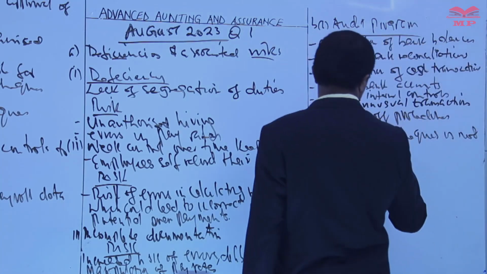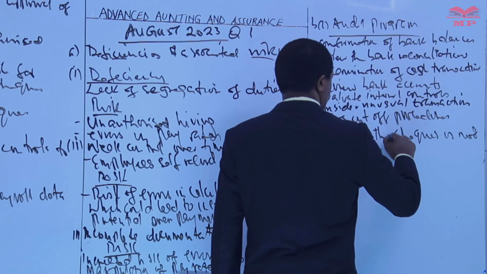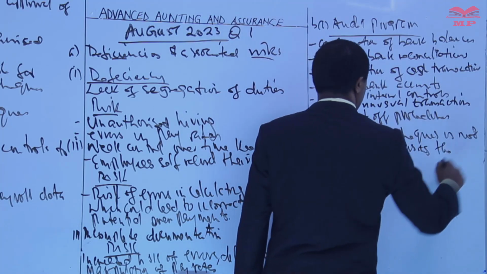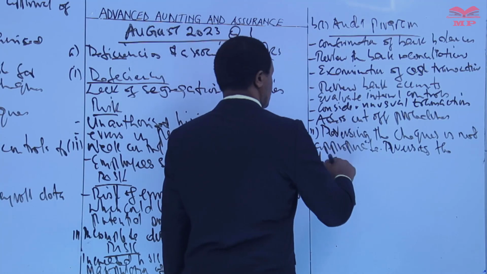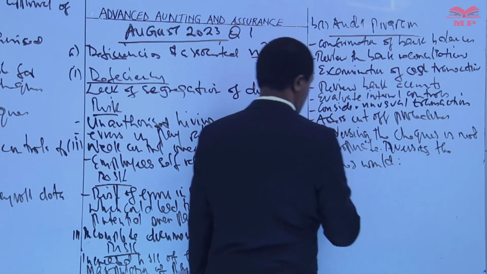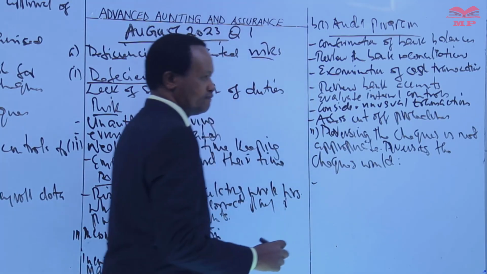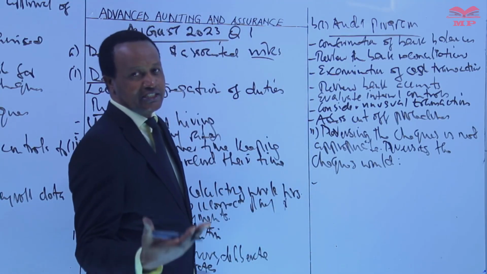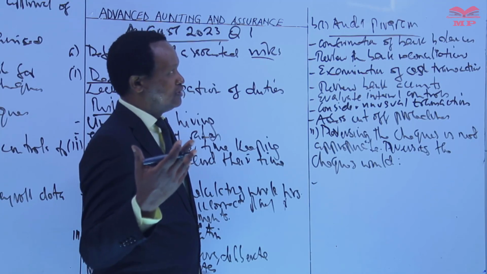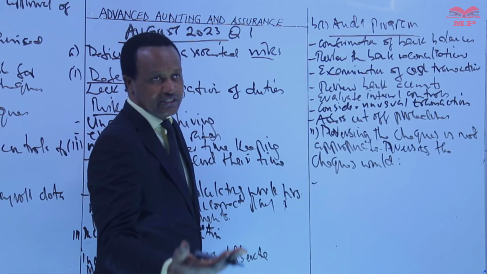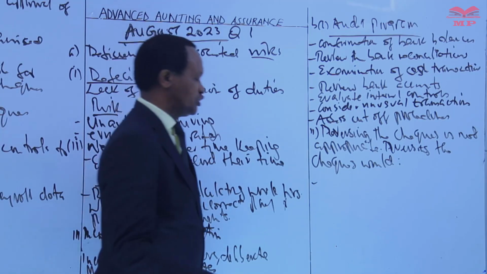The reason is reversing the checks would give a misleading picture. It will misstate the financial position.